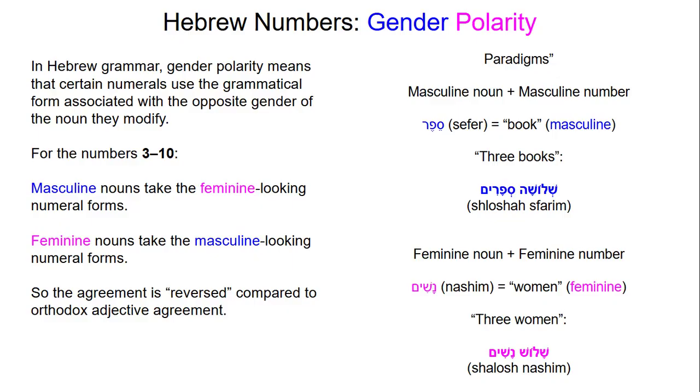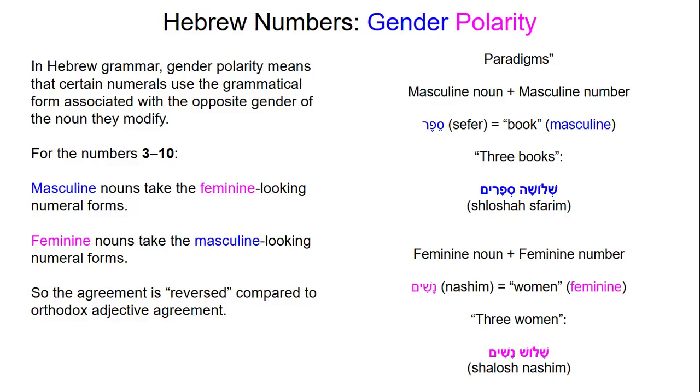So the agreement is going to look reversed compared to orthodox adjective agreements. Basically, to distill that and make it even more elementary and fundamental, as it pertains to numbers 3 through 10, the masculine numbers look feminine and the feminine numbers look masculine. I'll say it one more time.